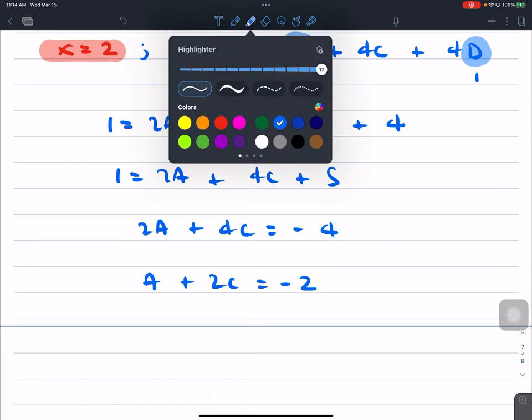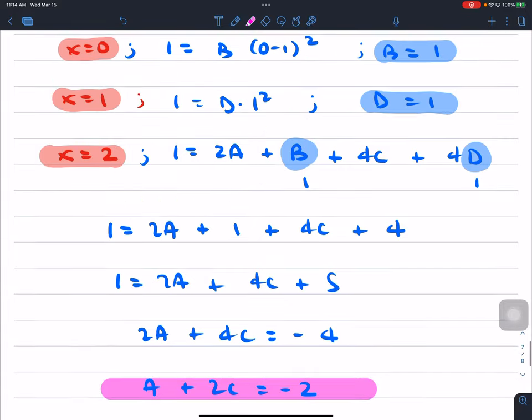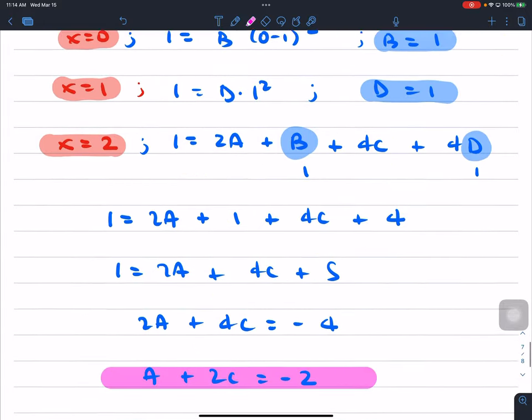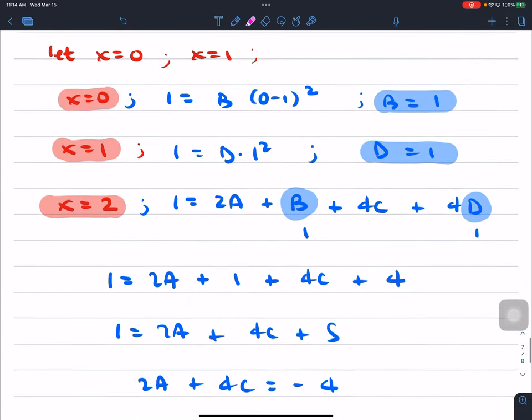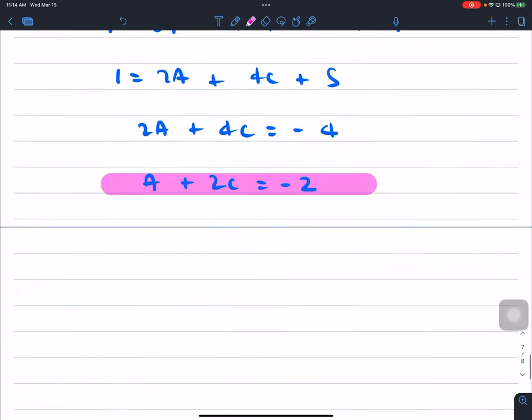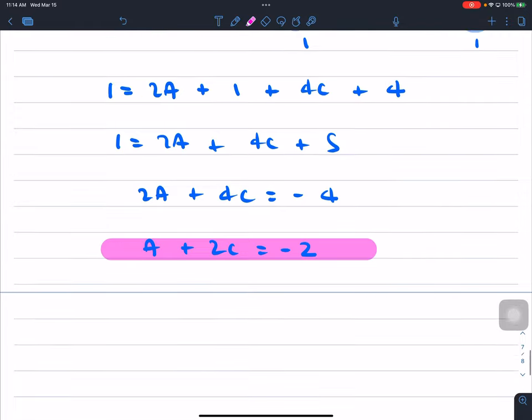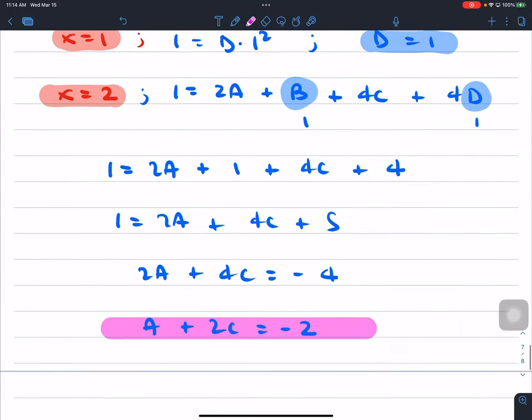I'm going to highlight this equation here. Okay? So what do you think will happen now? You say, Mr. Judge, do you see any way we can get these values?